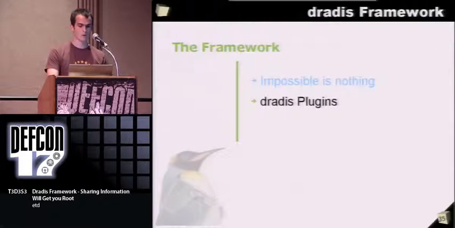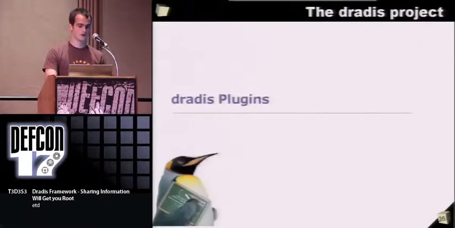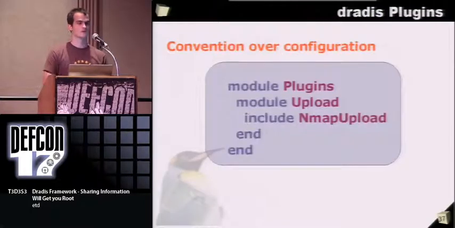How do the plugins work? We are following one of the Rails ways of doing things, which is convention over configuration. So you can put your code, it is in Ruby, and the only thing you need to do is just include it in the right place. So if you have created the nmap upload plugin, you include it inside plugins and upload, or if it's export or import, you do the same.